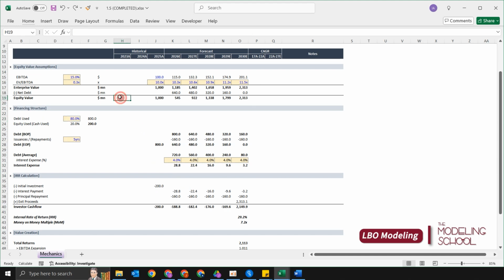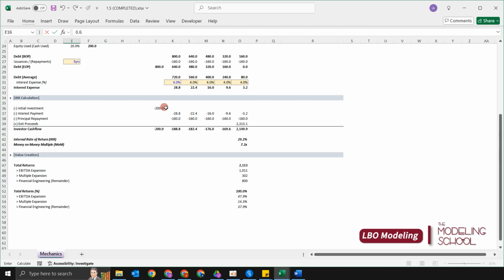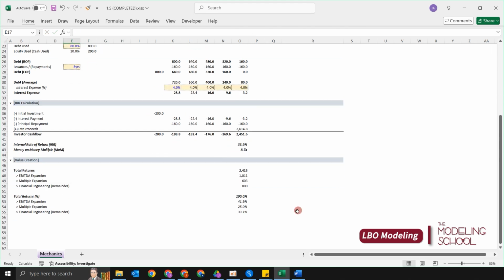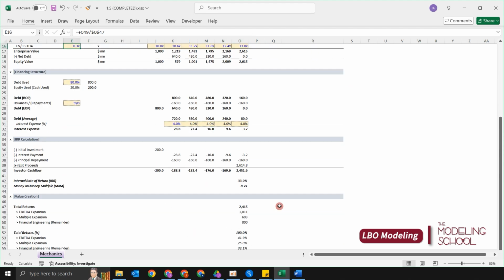Let's also assume a little bit more aggressive EV/EBITDA expansions. In this case, now the scenario has changed. This remains the same at 800, but multiple expansion is now up to 25% contribution to value creation.